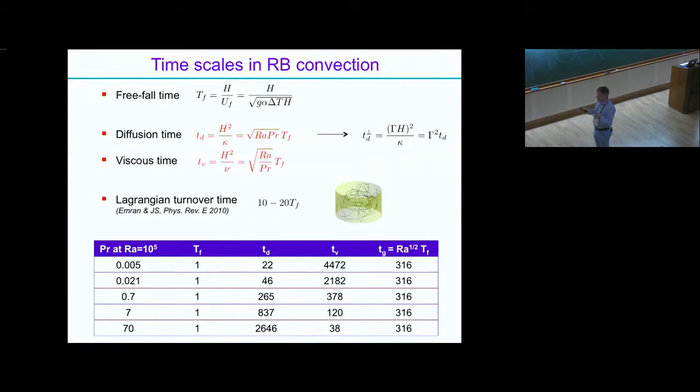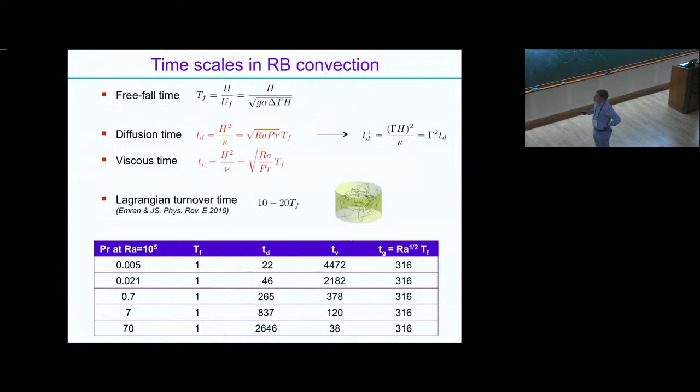But on the level of the height of the convection layer, the freefall time scale is one relevant time. And then on the other end, you have the diffusive processes, and you have a diffusion time, which is given here as the product of Rayleigh times Prandtl times the freefall time, or you have the viscous time scale, which is given in a very similar way.